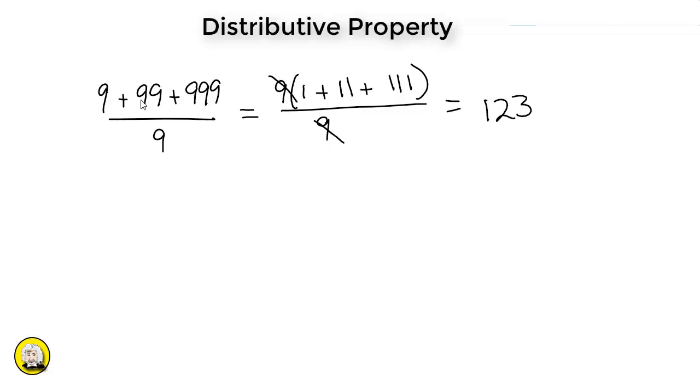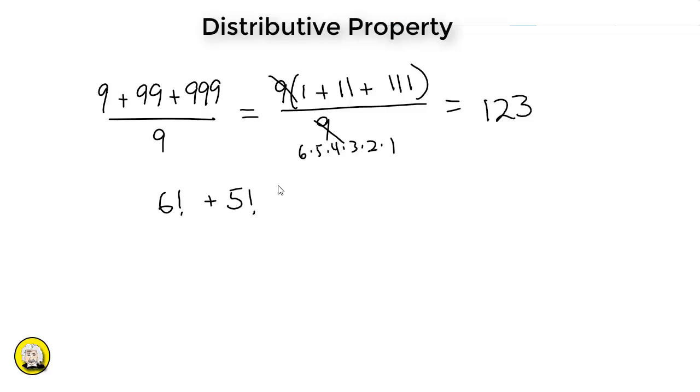What about something like the following? And we may not have seen factorials yet, we will soon, but essentially that means 6 times 5 times 4 times 3 times 2 times 1 for 6 factorial, and 5 factorial would just be 5 times 4 times 3 times 2 times 1.